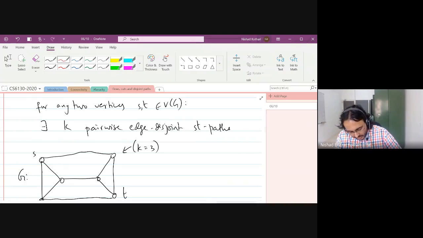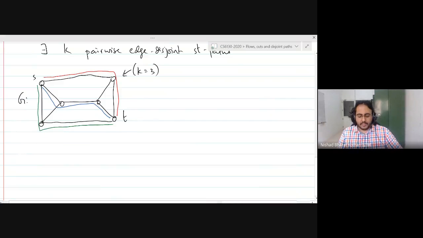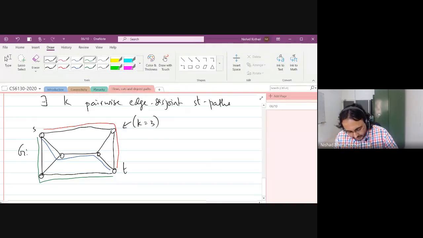What I will do is I will give you 3 paths like this: a red path, a blue path, and a green path. These are edge disjoint. For any two paths, P1 and P2, they don't share any edges. So this is P1, this is P2, and this is P3.